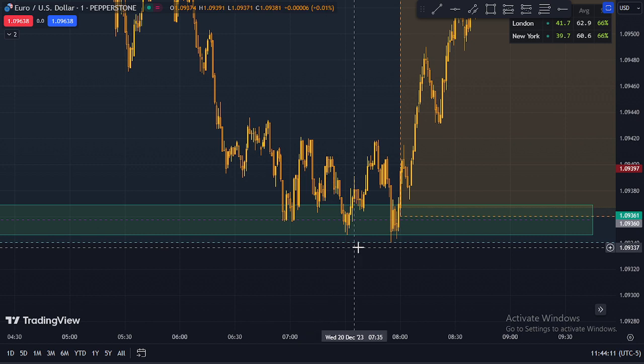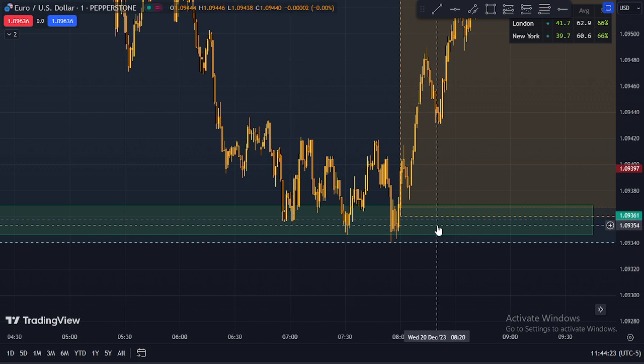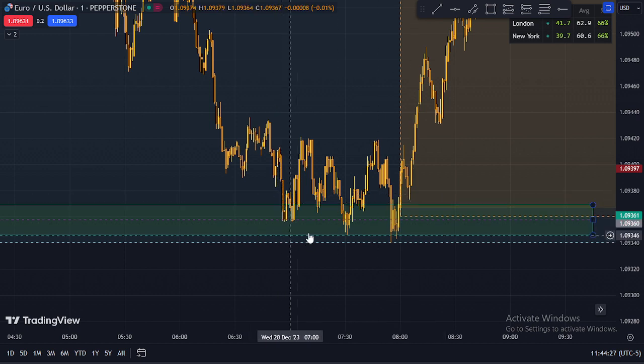So we had this price action here. So the London Open Silver Bullet is always from 7 a.m. New York local time to 10. So at around 7, we had traded down inside this 15-minute fair value gap.